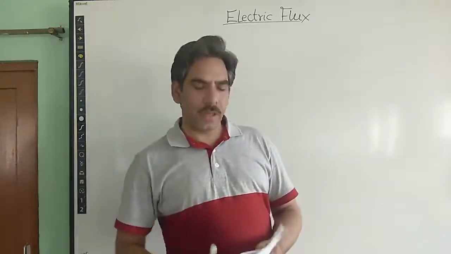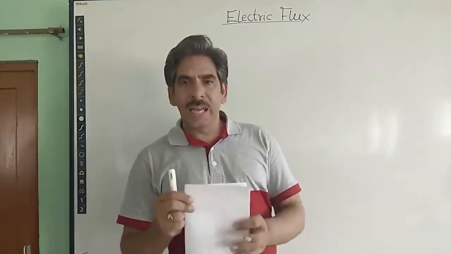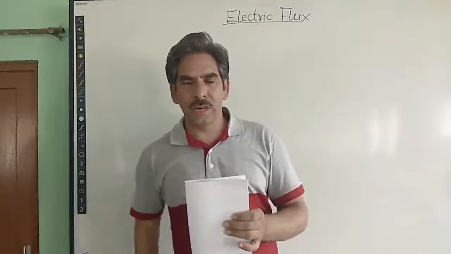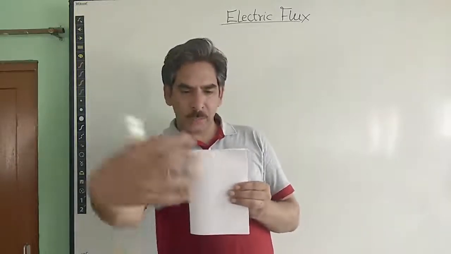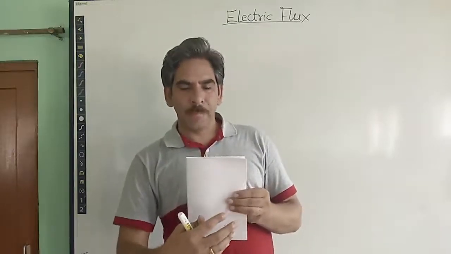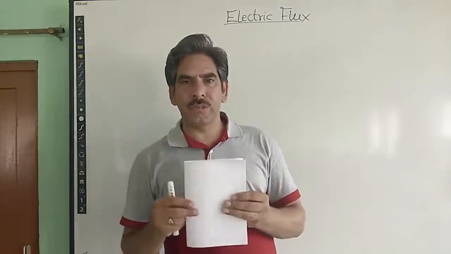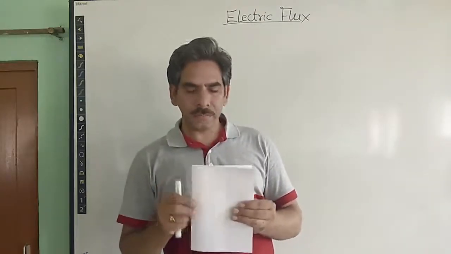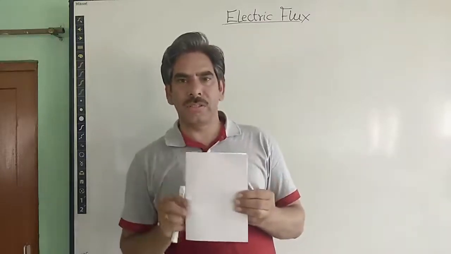Let us take the example of this simple surface. I am taking this paper, I am holding it towards the camera, then you will be able to see, because your eyesight is perpendicular to this surface area, or you can say the light rays are coming straight towards you, towards the camera, then you will be able to see the whole area of this surface.